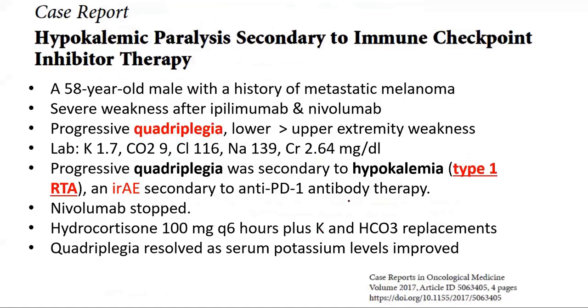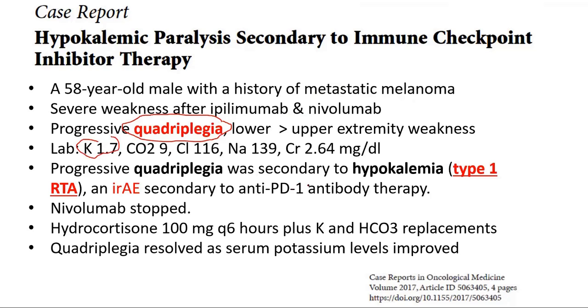And then here's another neurological complication. The patient developed quadriplegia. What is quadriplegia? You know, you have paraplegia, hemiparesis, and this is quadriplegia, meaning all extremities paralyzed. What happened? This patient had metastatic melanoma, had a combination therapy of ipilimumab and nivolumab, progressively got muscle weakness, and the lab shows the potassium was barely detectable, very acidotic.